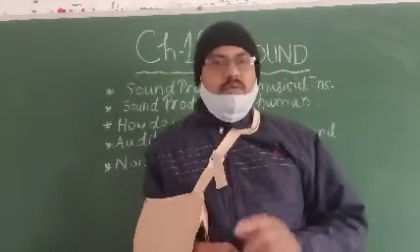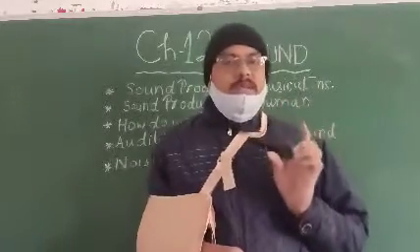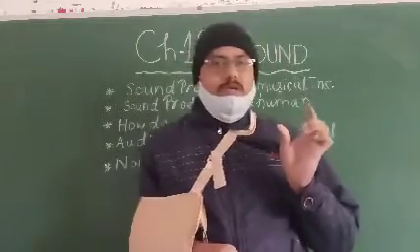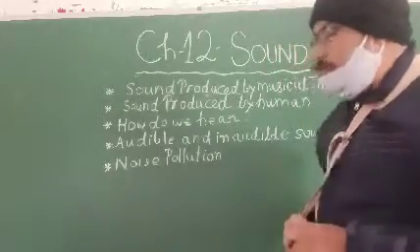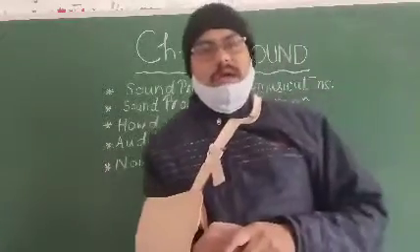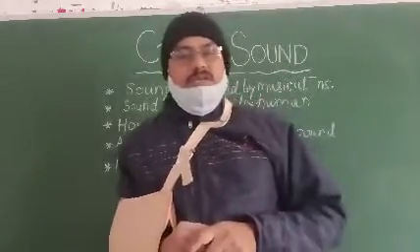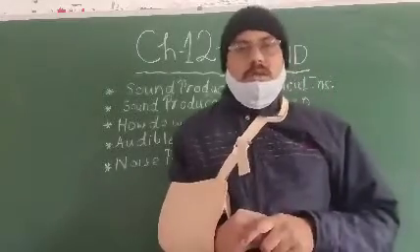The sound whose frequency is between 20 and 20,000 hertz is the only sound that can be captured and heard clearly. That is called audible sound. So there are two types of sounds, audible and inaudible. The sound that we can easily understand, which is clear to us, is called audible sound, and the sound which is not clear to us is called inaudible sound.